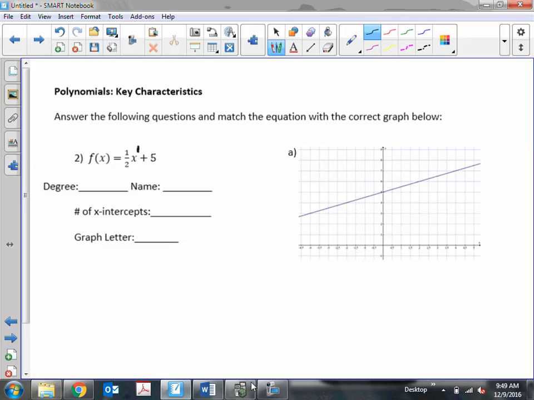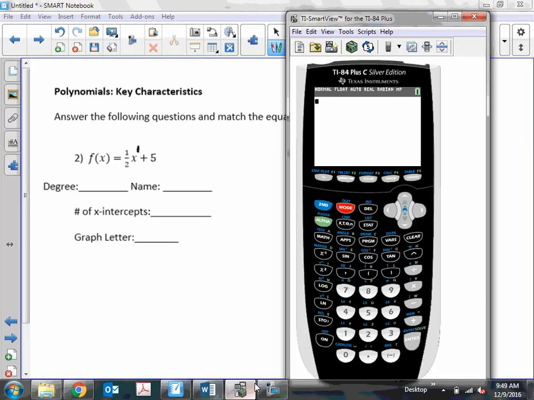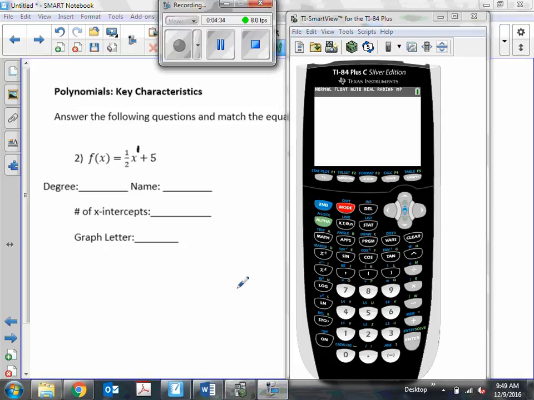Well, because it has a degree of an implied 1 right here, that means that it ends up being a degree of 1. Now, what we say whenever we name it is, since it's a degree of 1, we call it a linear, and then we count the number of terms that it has to give it its second name.